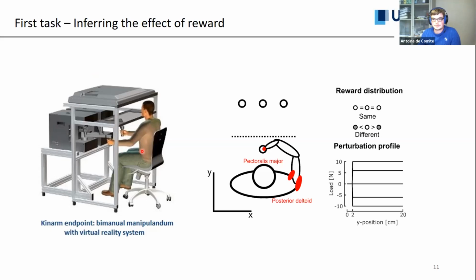Okay, cool. The next question for you is, how do you expect patients suffering from depression to respond to this task? Would the effect be more marked on the reward or on the perturbation? So yeah, this is a good question. And one thing that we observe is that amongst participants we recruited, we had many different behaviors. Some of them were more on the robust strategy, some others were more on the flexible strategy, and we had many differences across subjects, and even within subjects, depending on the block.